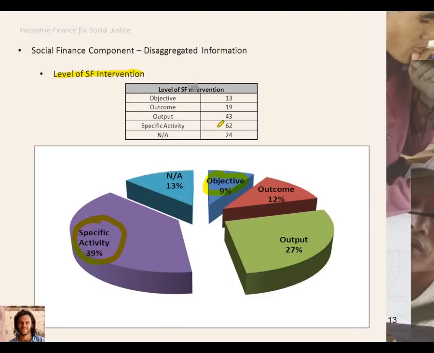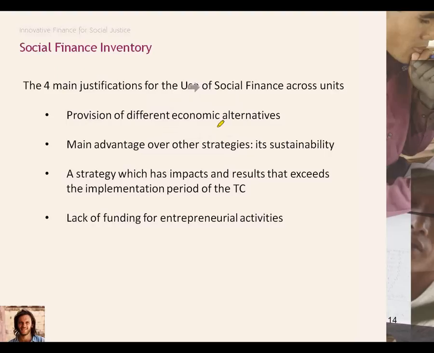So before examining the most relevant units' interventions, I think it's important to highlight four main justifications for the use of social finance that were seen across all the interventions. The provision of different economic alternatives was the main one. But then there was something very interesting. Almost all the technical cooperations that decide to use social finance justify the use of this tool because it's sustainable, and that's an advantage over different strategies that they could have chosen for their interventions.